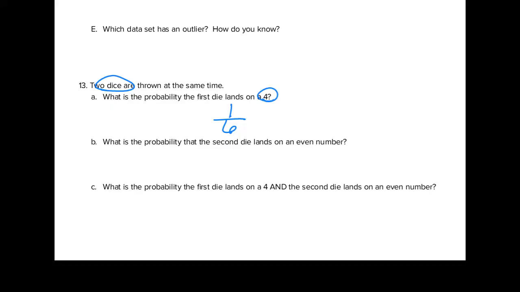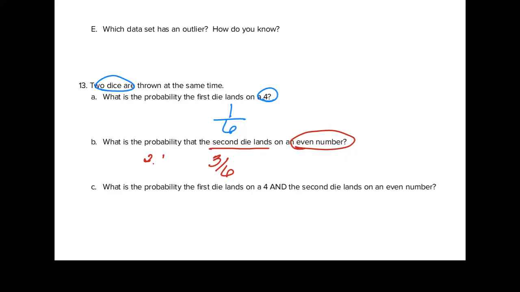Letter B. What's the probability that the second die lands on an even number? Okay, so you need to ask yourself, how many even numbers are there on a die? Put your answer in the chat. Very good. Nice job. Yes, Kaylee. 3 out of 6.